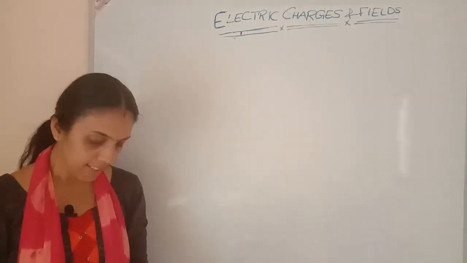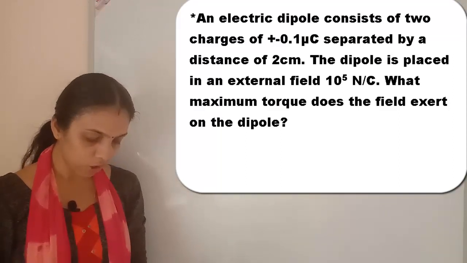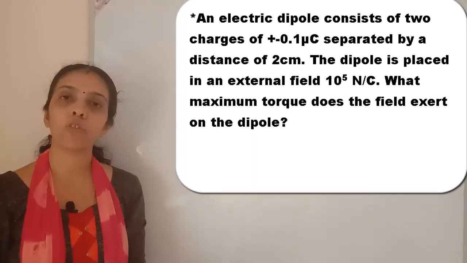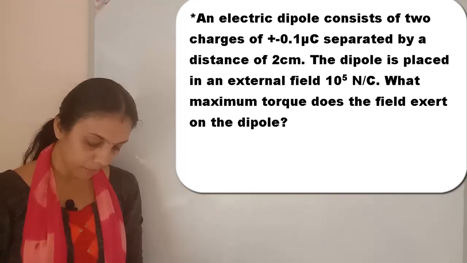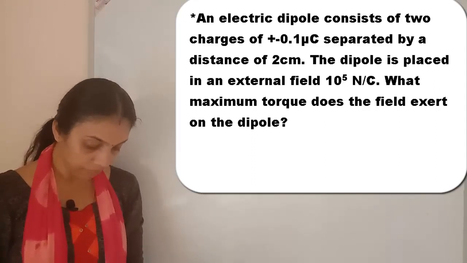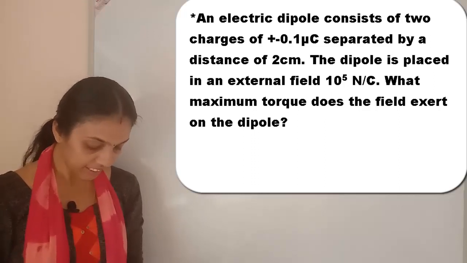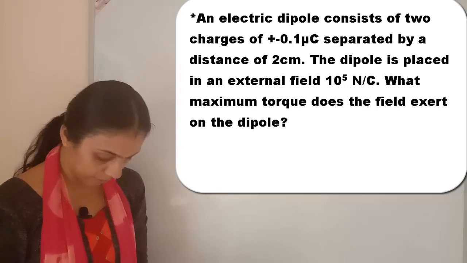So next one is, an electric dipole consists of two charges of plus or minus 0.1 microcoulomb separated by a distance of 2 centimeter. The dipole is placed in an external field of 10 to the power 5 Newton per coulomb. What is the maximum torque the electric field exerts on the dipole?